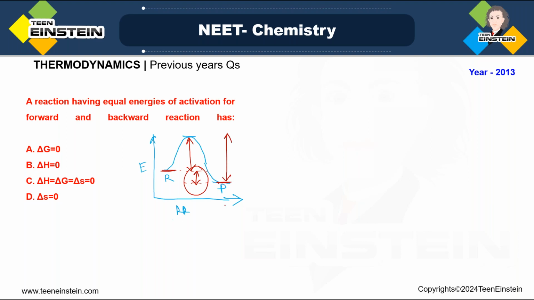So see here, the activation energy for the backward process is greater than the forward activation energy, and in that case there is some del H value. It is not 0. But del H 0 is possible only when the activation energies for both forward and backward are the same. So when activation energies are the same for both the forward and backward reaction, del H should be 0.